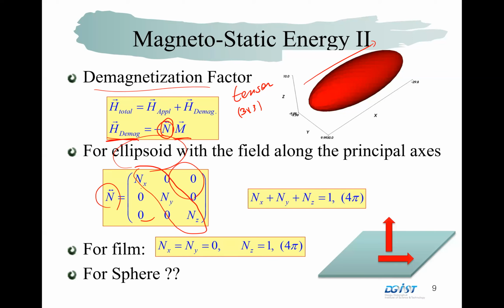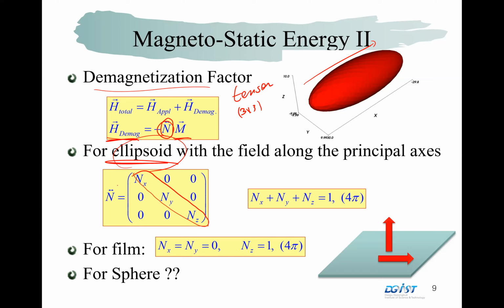Otherwise, we always have off-diagonal elements. Yeah, this is very important. The ellipsoidal shape only generates this kind of diagonalized demagnetization tensor.